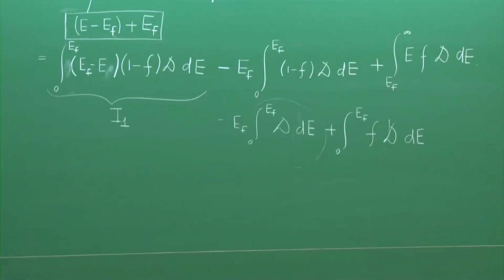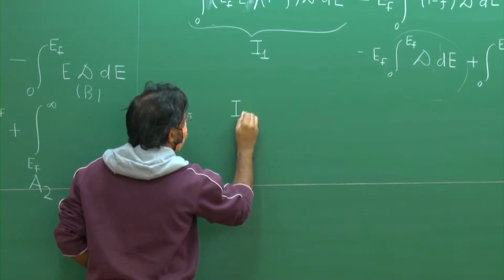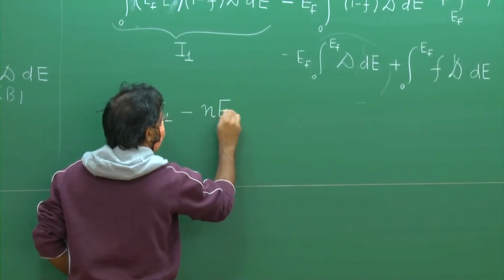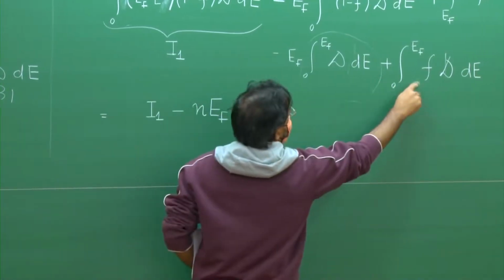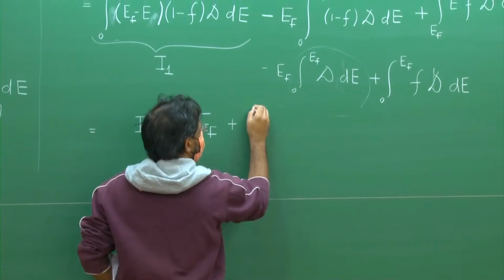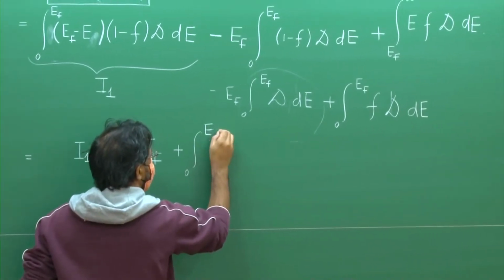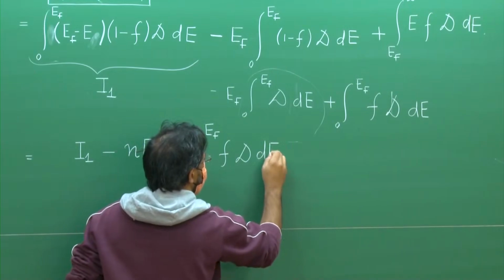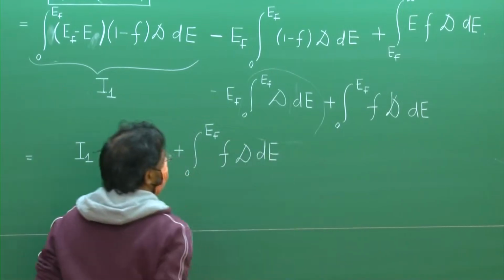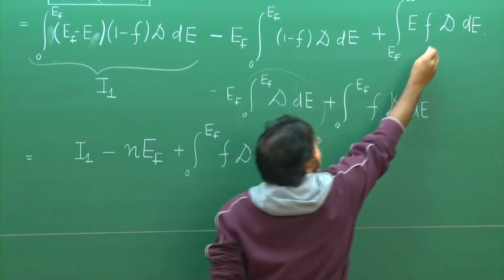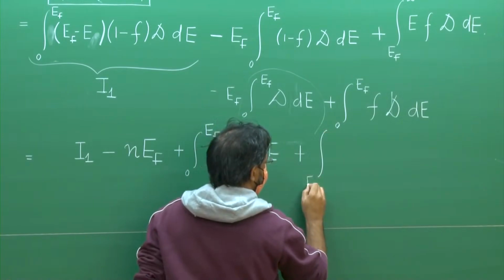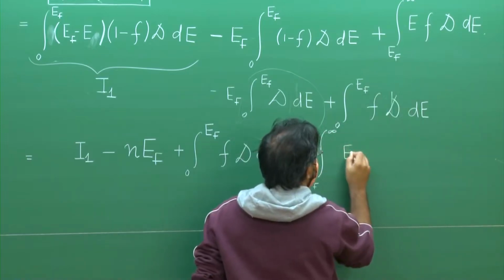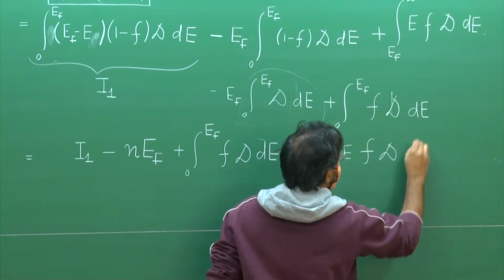So then what I have now is I1, then from here I have minus n EF, and then I have this term and that term, plus 0 to EF F d dE plus this term over here, EF to infinity EF d dE.